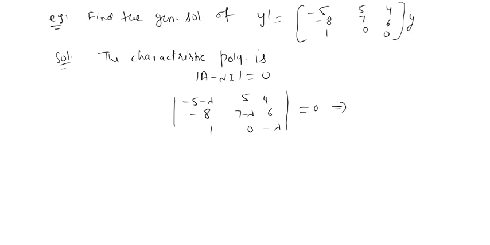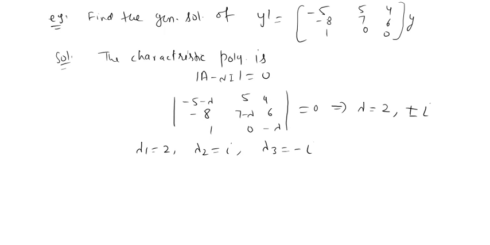Solving this, you get lambda equal to 2 and plus or minus i. So you get three eigenvalues, and one is real. You can label them: lambda 1 is 2, lambda 2 is i, and lambda 3 is minus i. So we have 3 different eigenvalues.